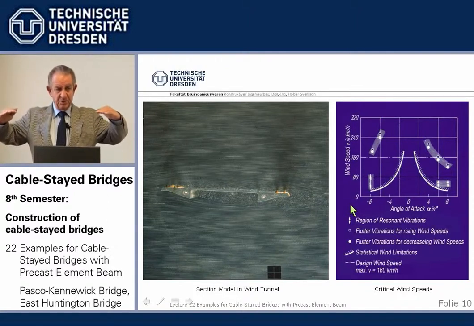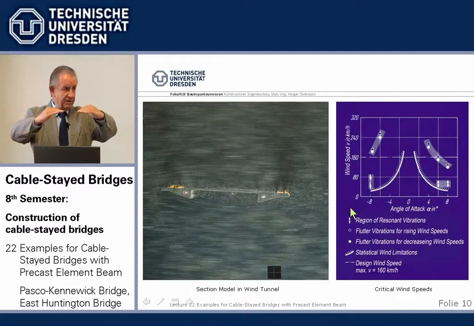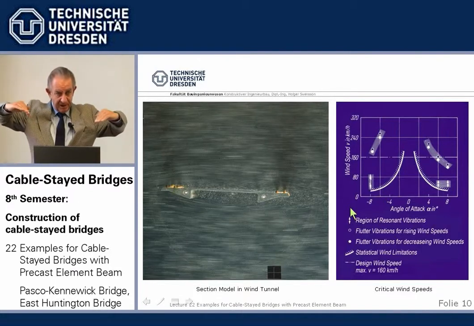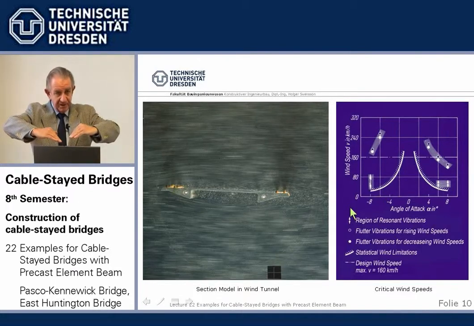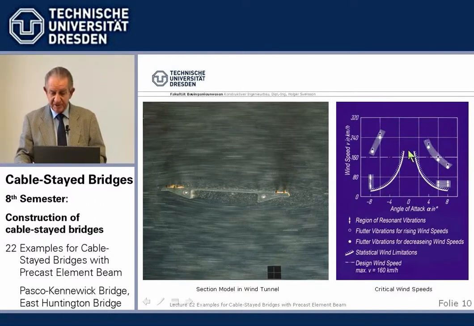The maximum wind speed for horizontal wind, I think you can easily understand that, is bigger than if I have a strongly inclined wind, where the wind speed is smaller. So we have these limits established for the actual wind speed, the full one for the horizontal and here for the inclined.